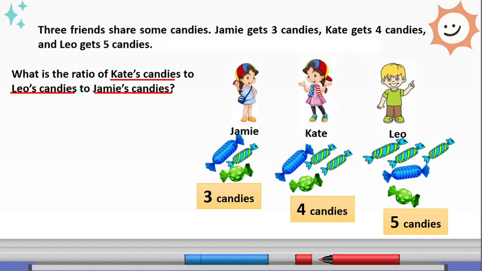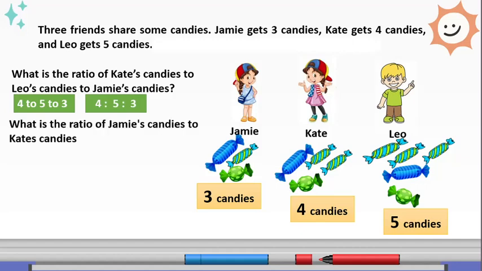So, bibilangin lang natin. Ilan yung candy na nakuha ni Kate? Meron siyang nakuhang 4, kay Leo ay 5, at kay Jamie ay 3. Therefore, the ratio will be 4 to 5 to 3, or using the colon form, 4 colon 5 colon 3.